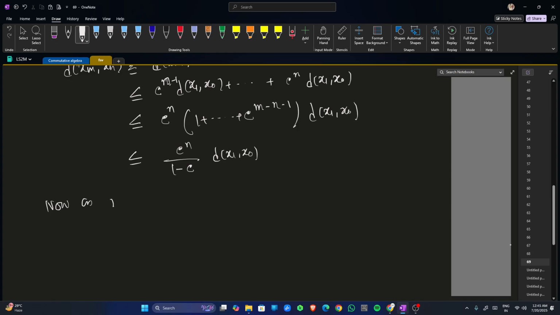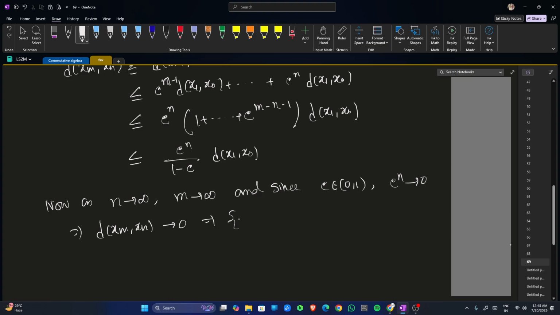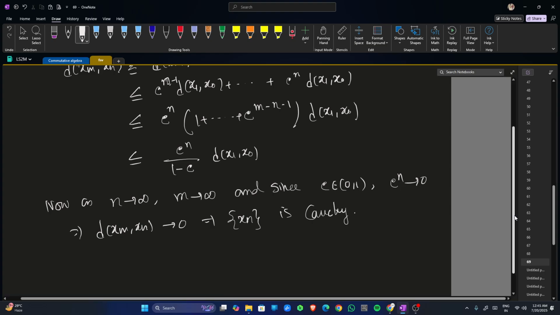Now as n tends to infinity, m also tends to infinity, and since c is in [0,1), c^n tends to 0. This implies d of x_m, x_n goes to 0, so x_n is Cauchy.